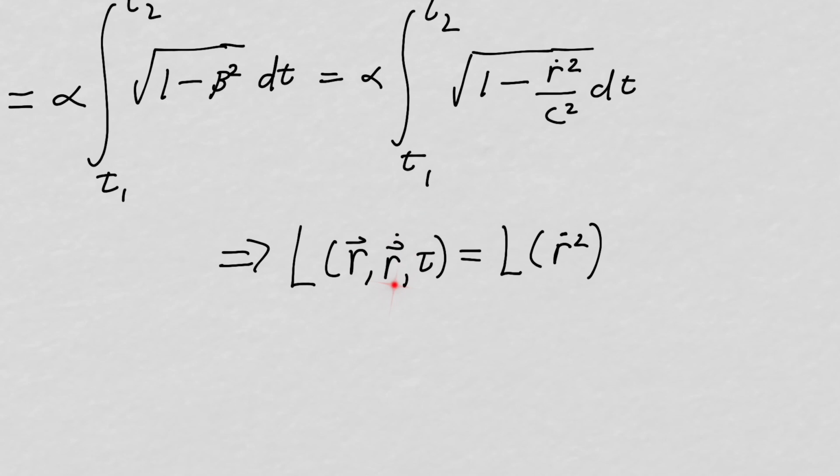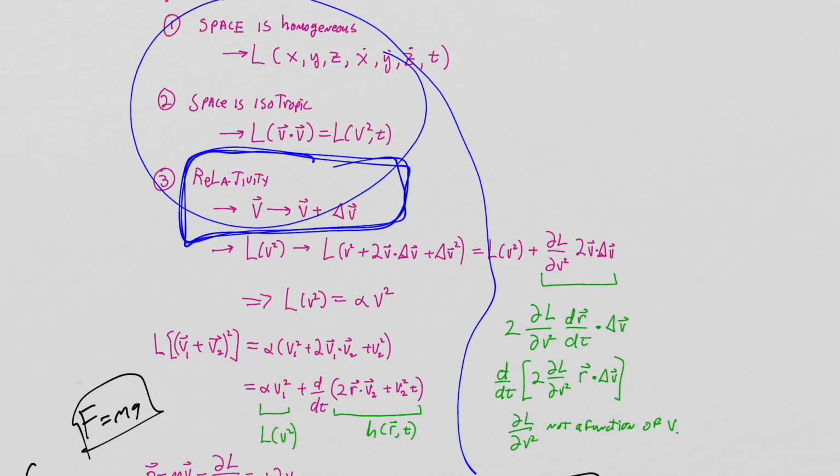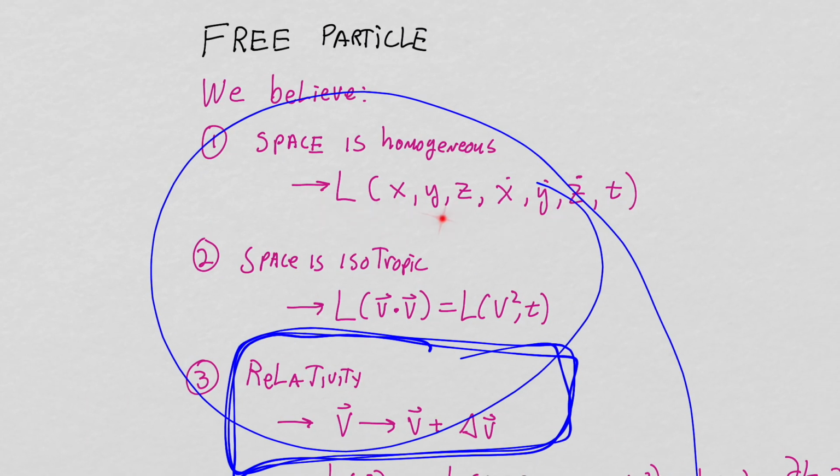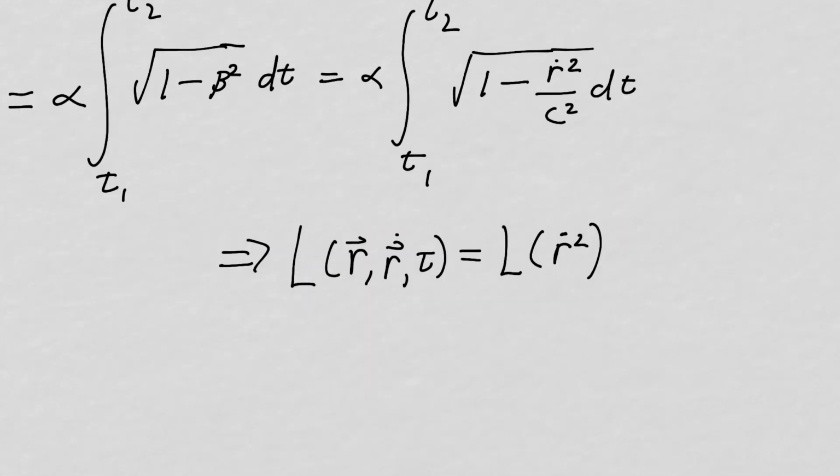And this would be x dot 1, x dot 2, x dot 3 expressed in vector form, just like this was back in the non-relativistic free particle, right? So this here is really literally the same as this here. But if you look at it, it all comes down to just r dot squared, right? And notice this is the Lagrangian here, not this dt. There's no t in it.